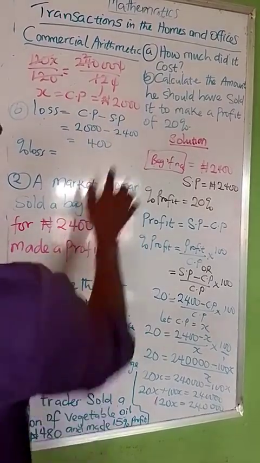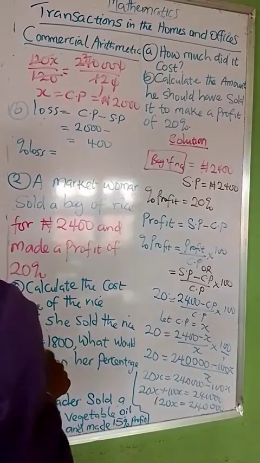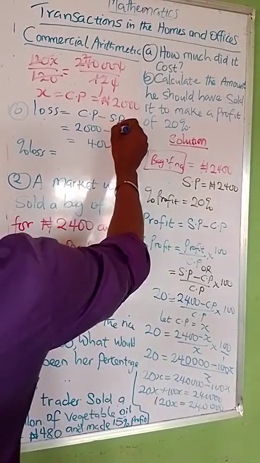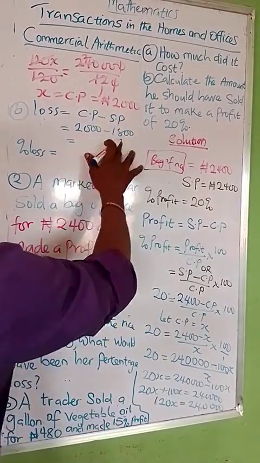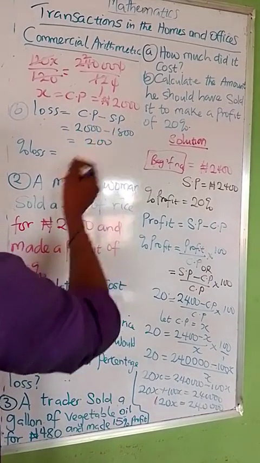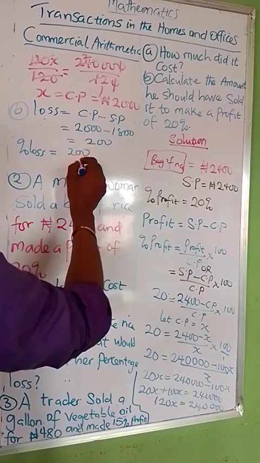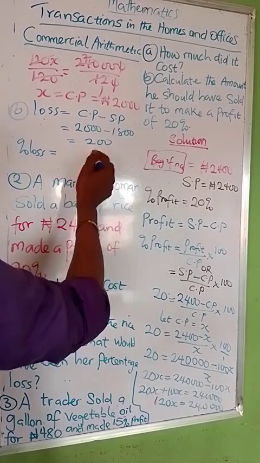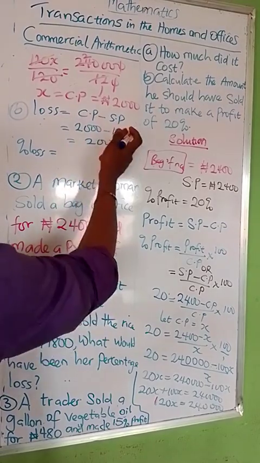The selling price here is 1,800, not the earlier one. So she will have made a loss of 200. Remember, percentage loss is based on cost price and selling price.